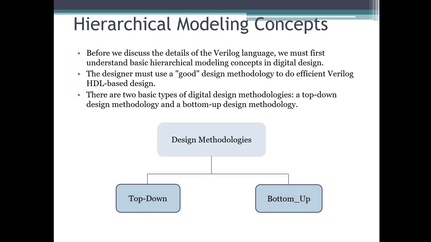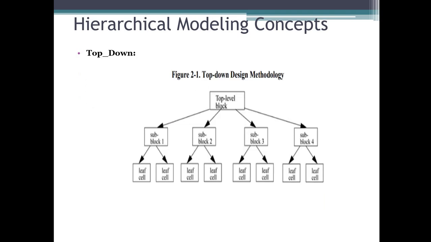Now, as I told you, there are two types of methodologies, top to down and bottom to up. Let's move further. Okay, so this is the representation. In top to down, you will have one top level block, and then you will have the sub blocks. You can see here, this is the top level block, and then we have sub blocks 1, 2, 3, and 4. And then we have the different leaf cells. You can relate this diagram with your full header.